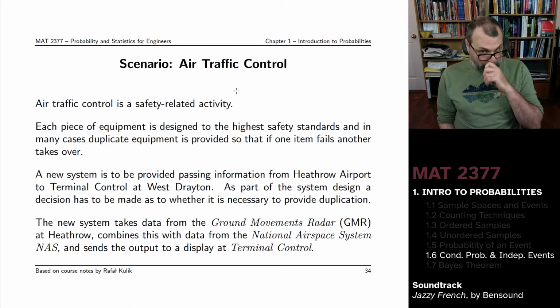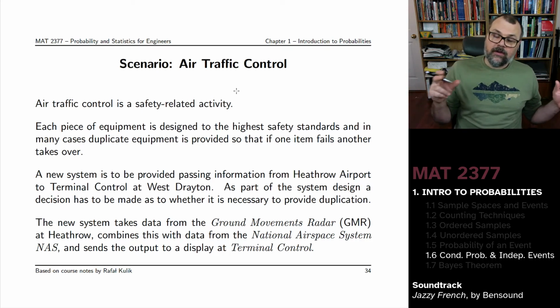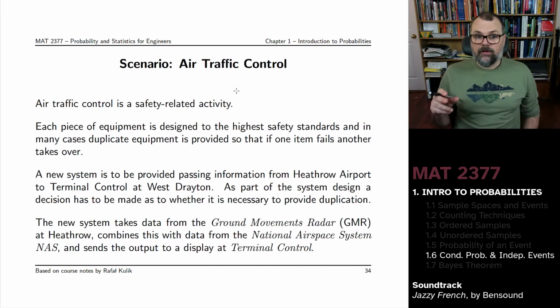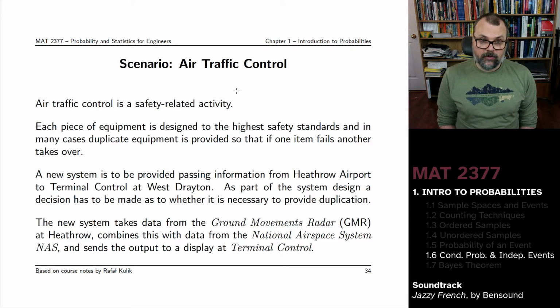Now we'll look at London, and we're going to imagine a system which provides information from Heathrow to the terminal control at West Drayton. And now you have to decide whether you need to duplicate the system components.